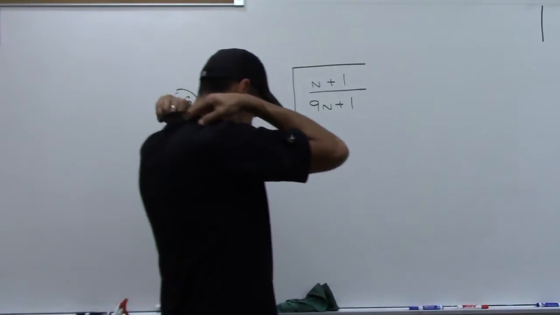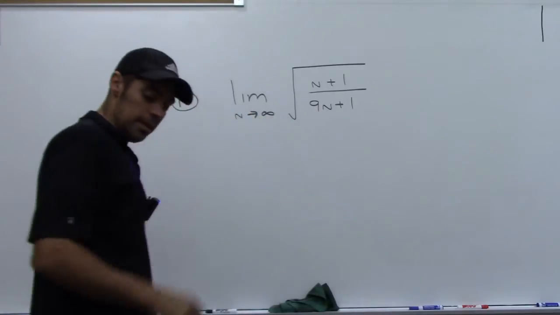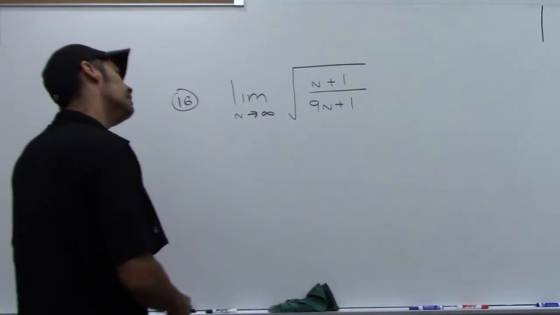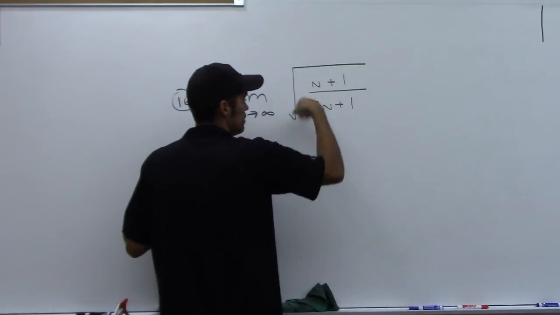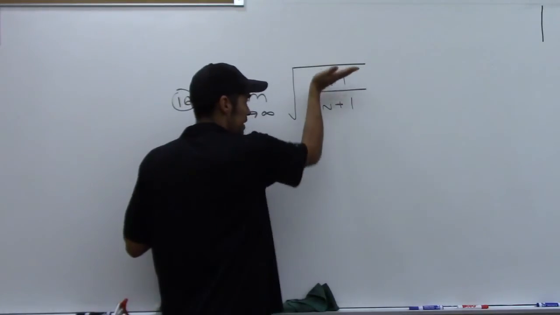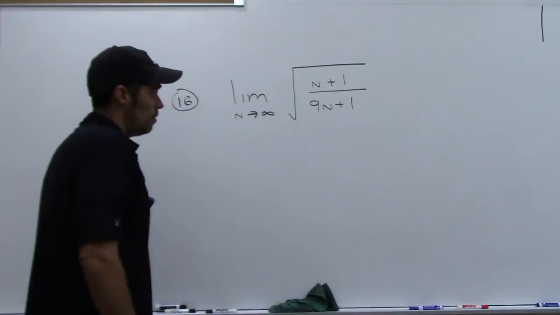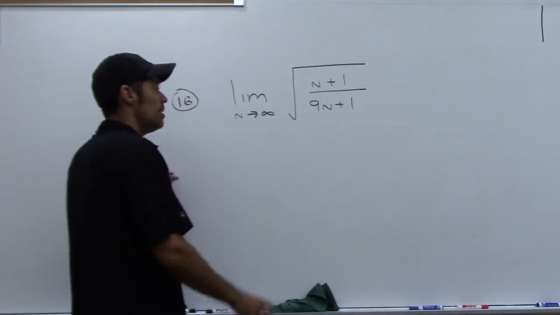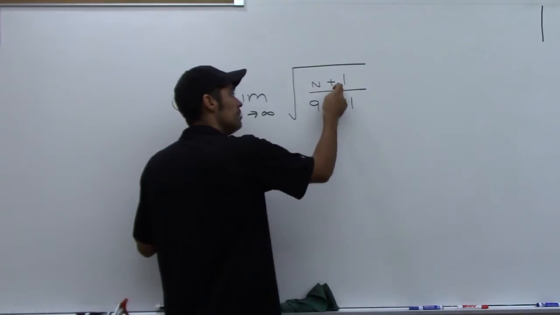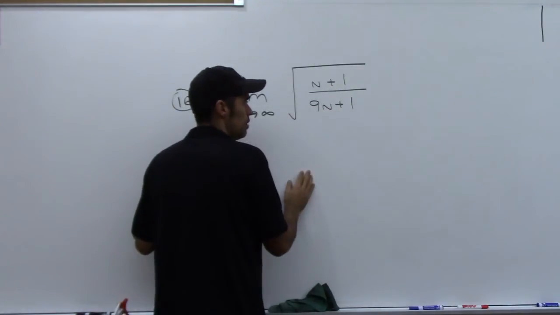Now, when we let n get big here, this top goes to infinity, the bottom goes to infinity, and then square root. So we have infinity over infinity. And whenever we've had that in the past, we've seen a couple of different things we can do. But L'Hopital seems good here because the derivative of this and this by themselves are pretty simple.